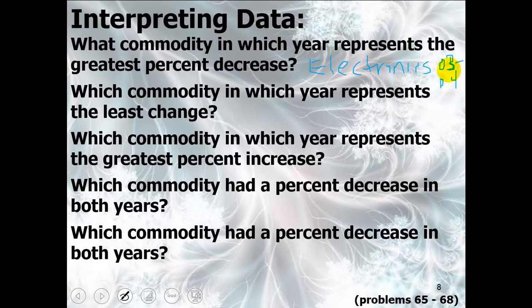All right, next question. Which commodity in which year, so it's a two-part question, you're going to do a commodity in a year, represents the least amount of change? This isn't asking in either direction. It could be both positive or negative, but it needs to be the least change.